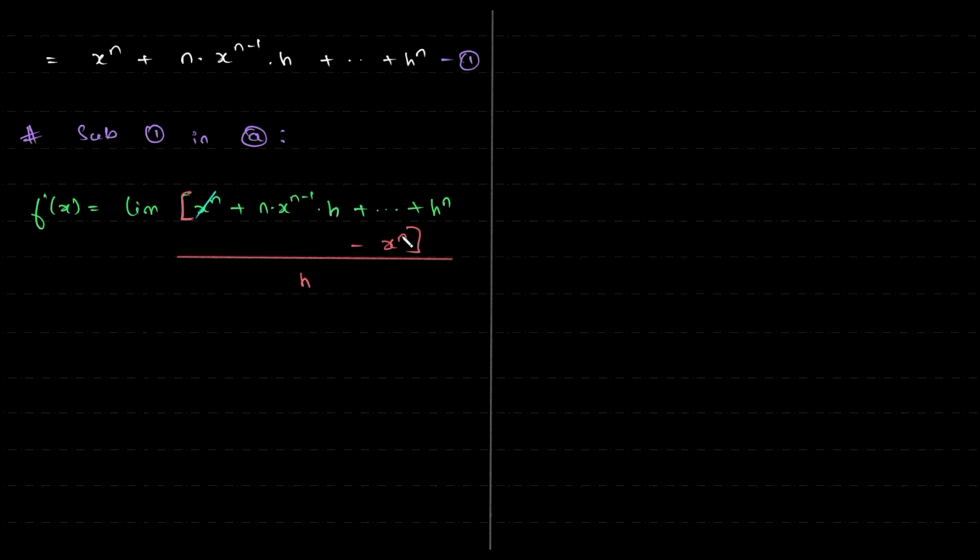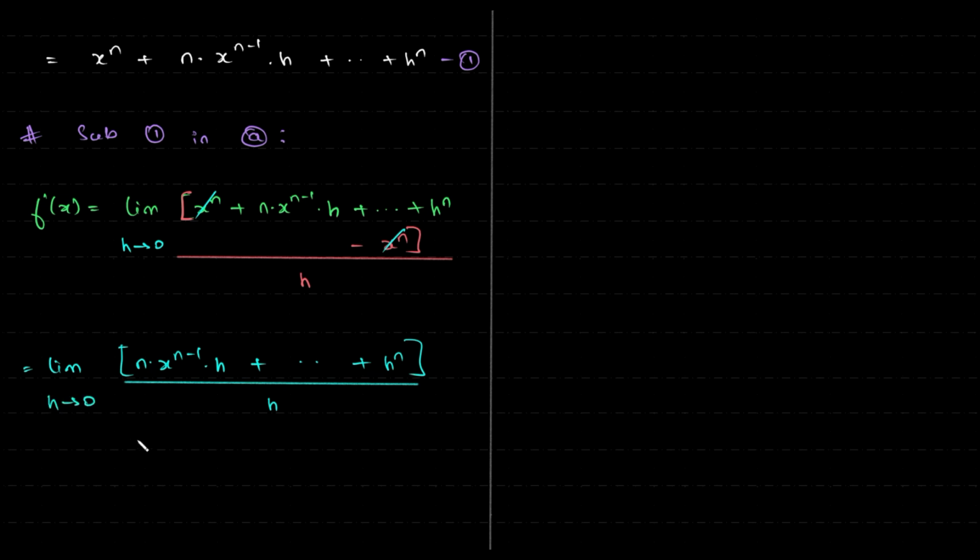Clearly, this and this. And the remaining terms are basically limit of n into x to the power of n minus 1 into h plus so many terms, and the last term is h to the power of n. This entire expression divided by h, and h tending towards 0 over here.